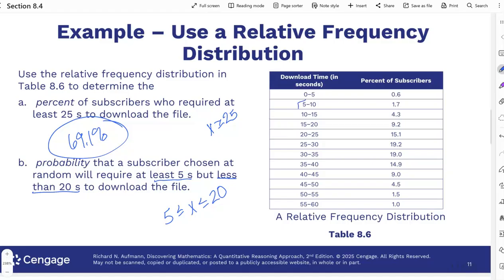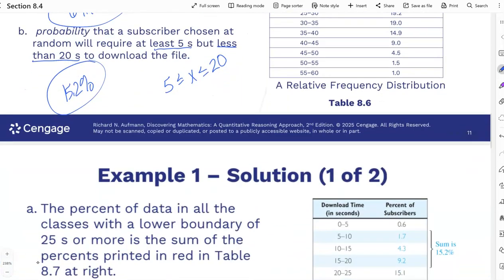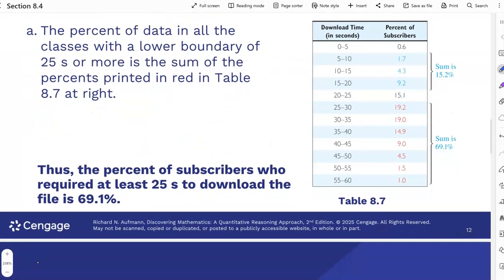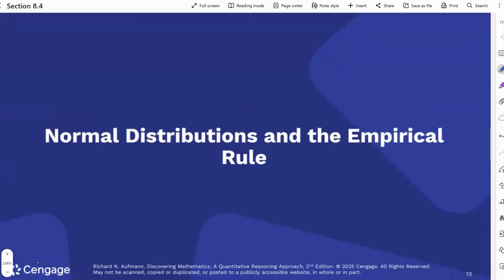So between 5 and 20 would be these three classes. And if I were to add those up, 1.7 plus 4.3 plus 9.2, I'm going to get 15.2. So 15.2% of those that we collected data from here require between 5 and 20 seconds to download a file. You can see that's where our answer would come from there.